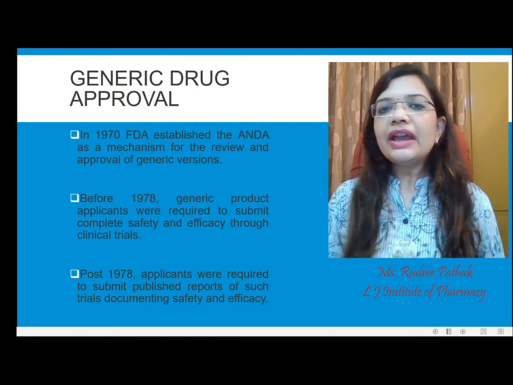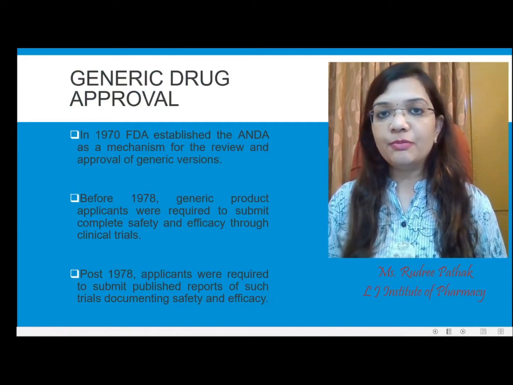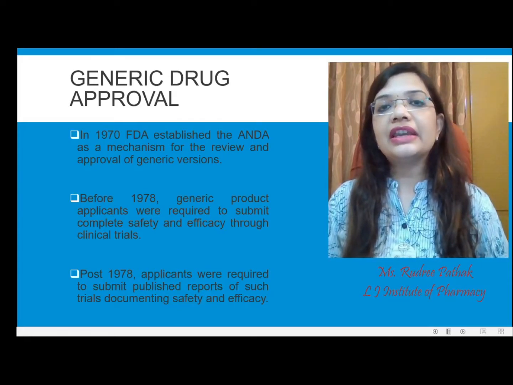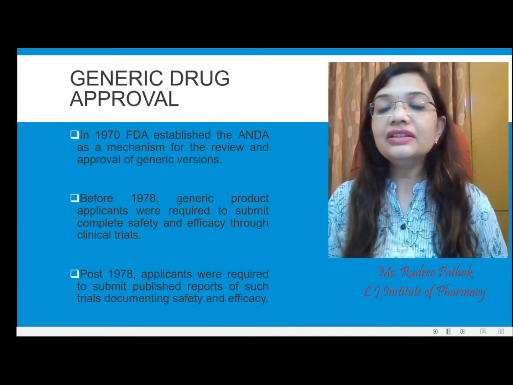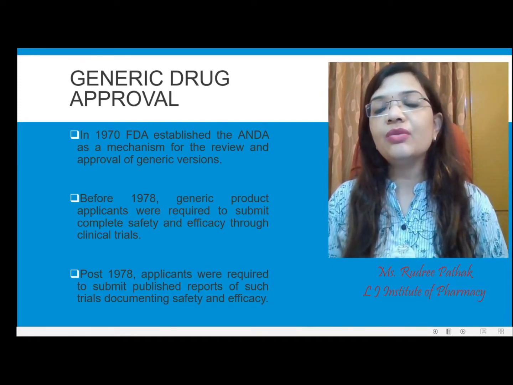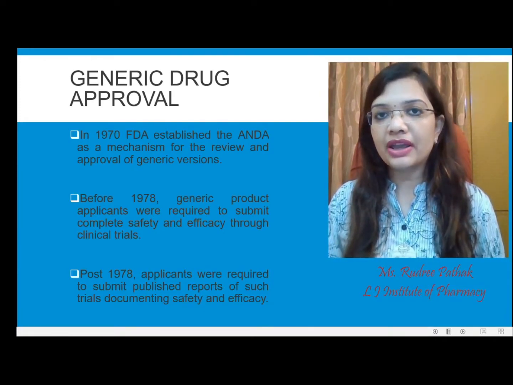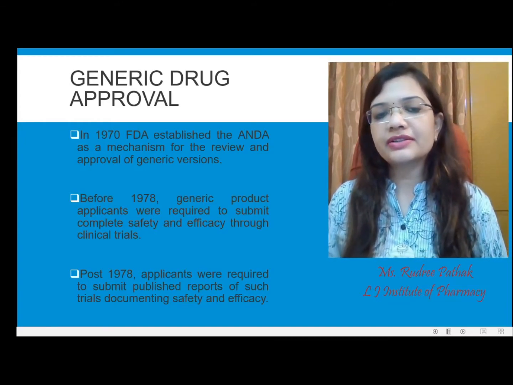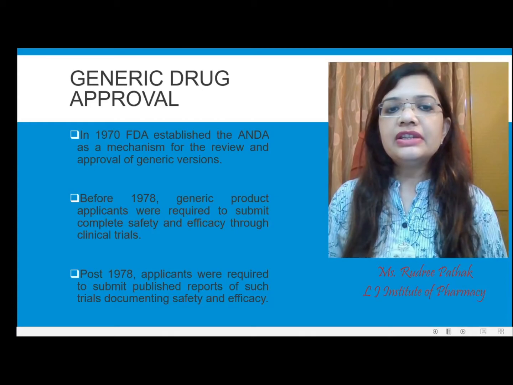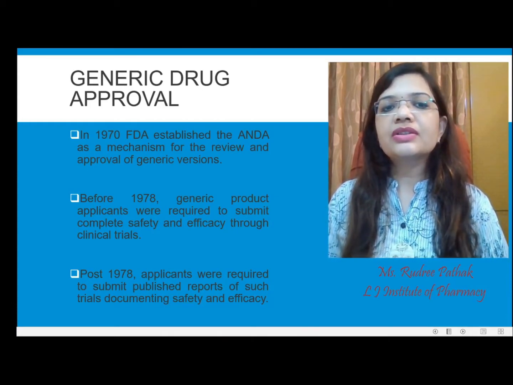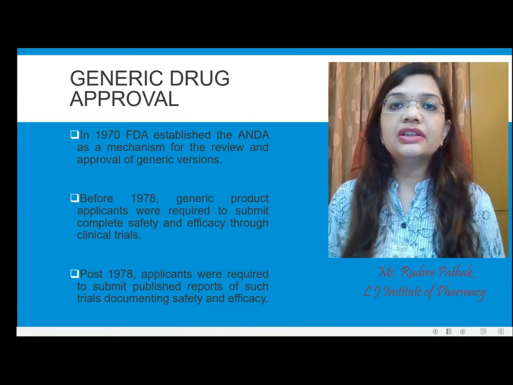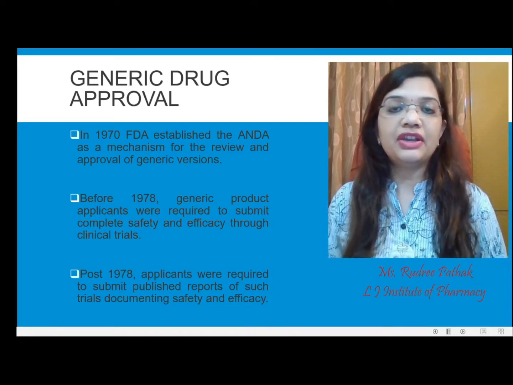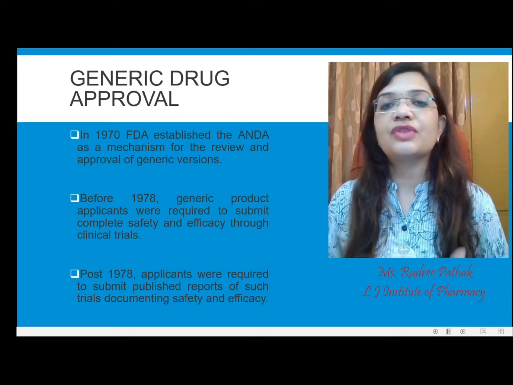Now, if we look at the history of ANDA approval, it started way back in 1970, where regulatory authorities were assigned the task of launching generic version to control the overall price of patented or reference listed products. Before 1978, generic approvals or generic applications were required to submit the protocols of safety and efficacy after conducting clinical trials.